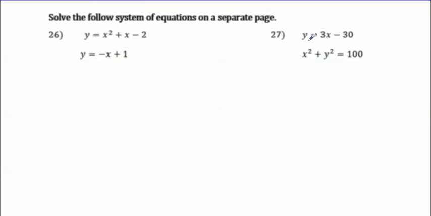Alright, we can do both of these problems by substitution. I'm going to take the x minus 1 and I'm going to substitute it for the y. So I'm going to rewrite the equation. Instead of starting with y equals, I start with negative x plus 1 equals, and then all of this.